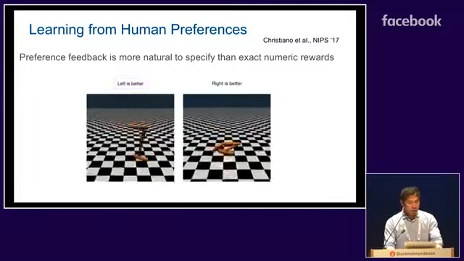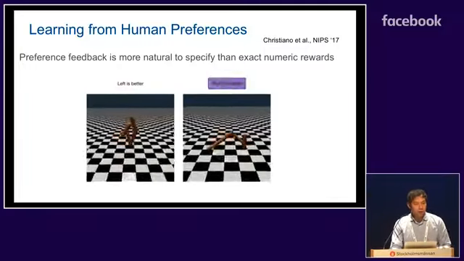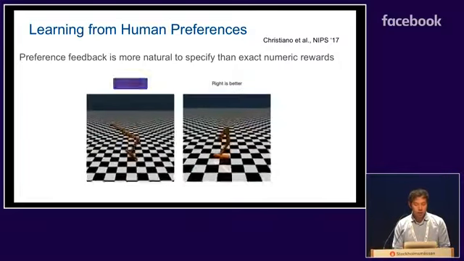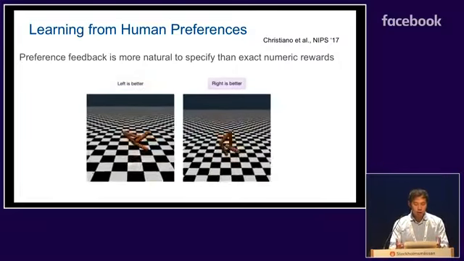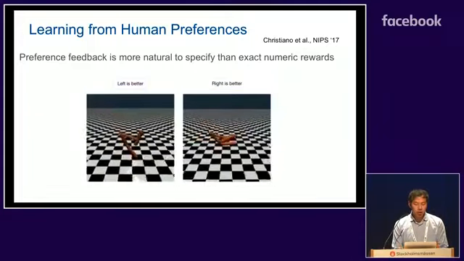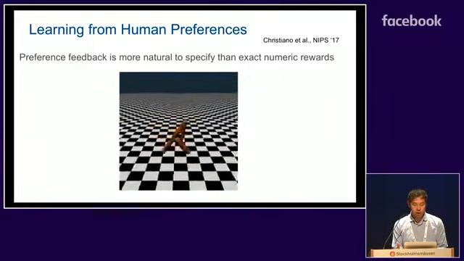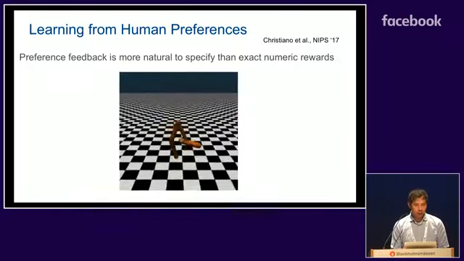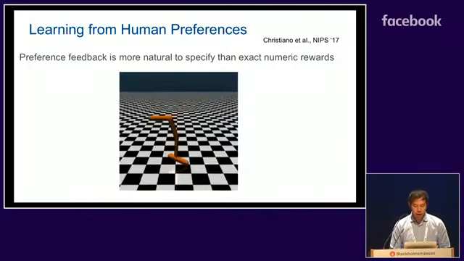The method here in particular infers a reward function from human evaluative judgment by showing the human evaluator two different sets of trajectories and asking the human to provide a pairwise comparison instead of numeric feedback. In many cases, as you can imagine, this preference feedback is much easier to specify than the strictly numeric reward that we see in the standard reinforcement learning setting.